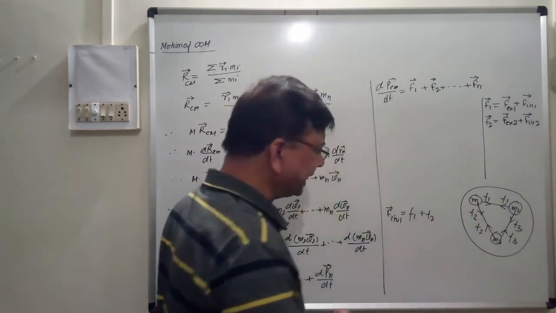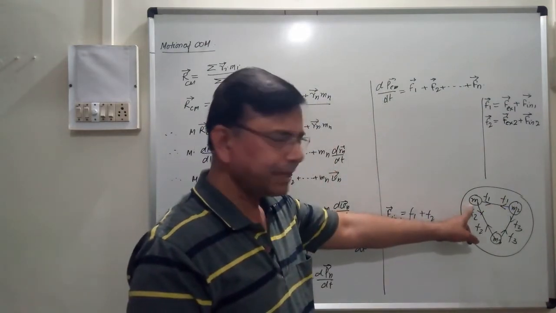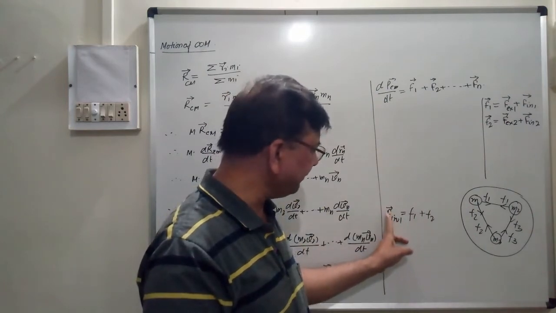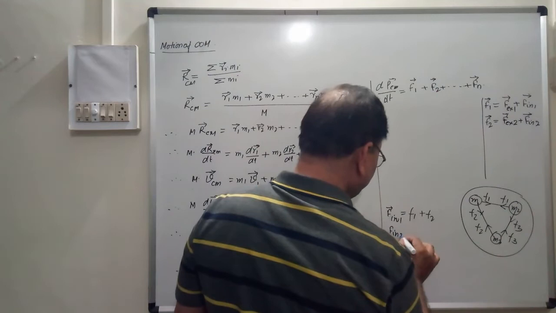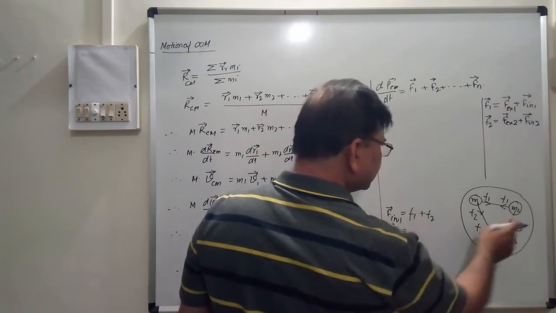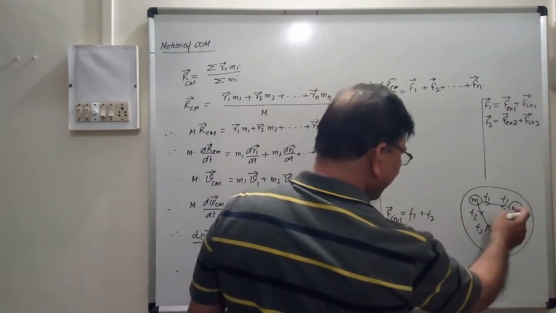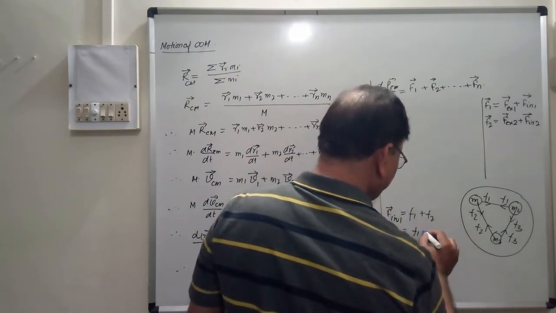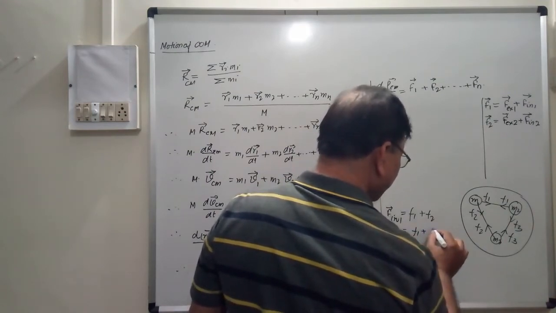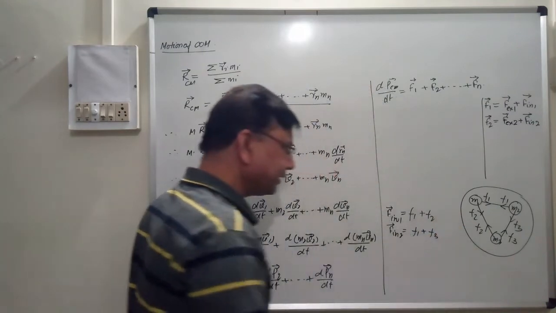These are the forces acting on this mass M1, and we have denoted it F internal 1. Likewise F internal 2. The second mass has F1 and F3, F1 plus F3, right?